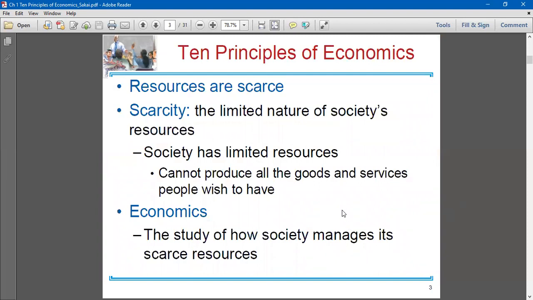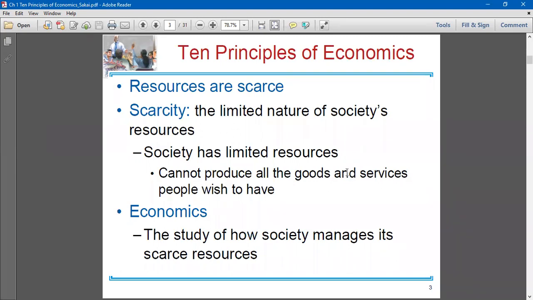Now, the underlying reason why we have economics is the scarcity of resources. Resources are scarce. Okay, when we talk about scarcity, we are just talking about how economic resources are limited as compared to the need for them to satisfy human wants.